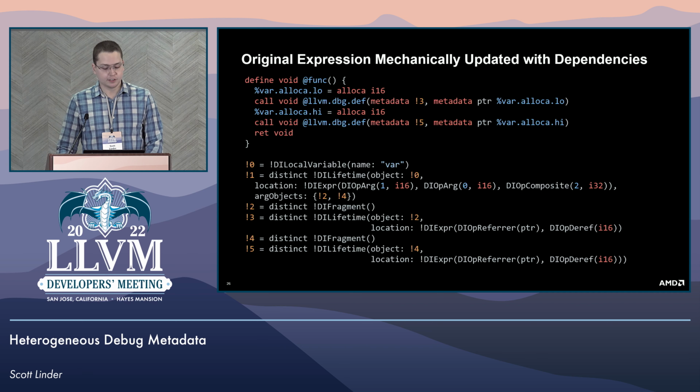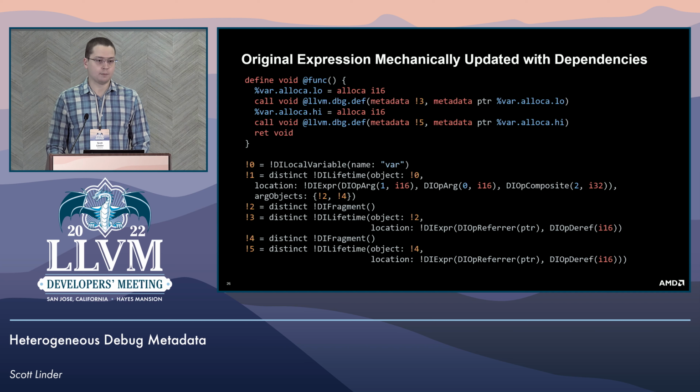And finally, another thing this kind of mechanical context-free interpretation gives us is a pass-agnostic way to canonicalize or clean up expressions. So there's no DI op deref or DI op addr in this one, and that's because the general rule can be applied that the two cancel each other out, and this doesn't need to be done in each pass.